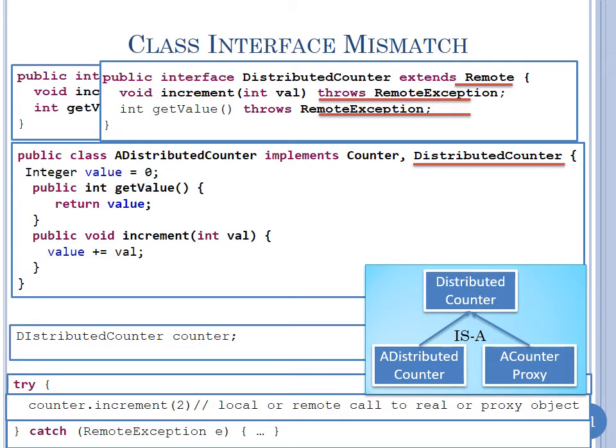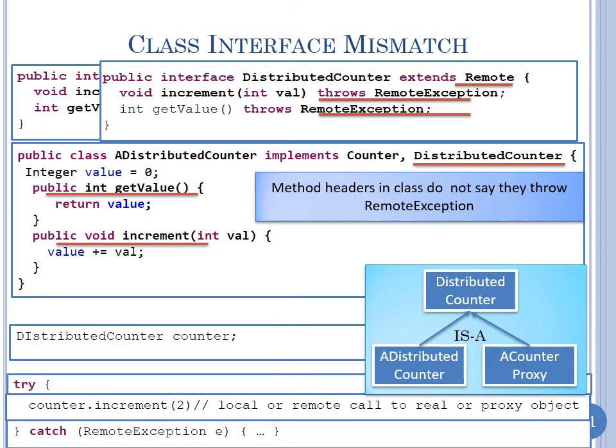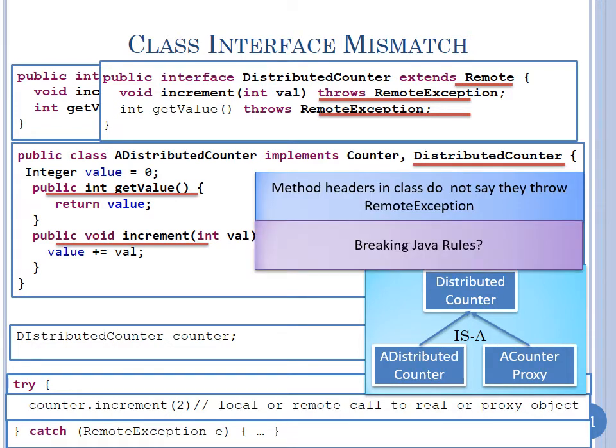So there's a mismatch. Is this going to really work? Will Java allow this based on what you know about Java? So the method headers in the class do not say they throw remote exception. Are we breaking Java rules? Okay, Andrew's got an answer, so let's hear that answer and others' answers.